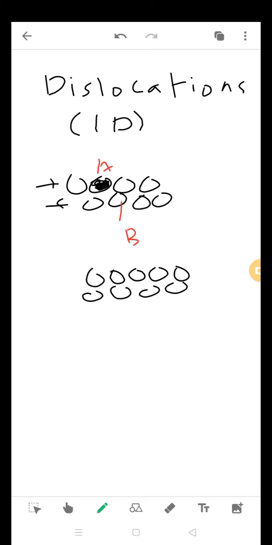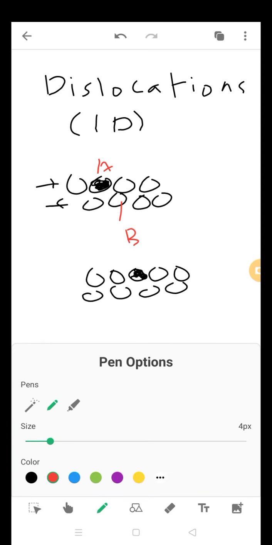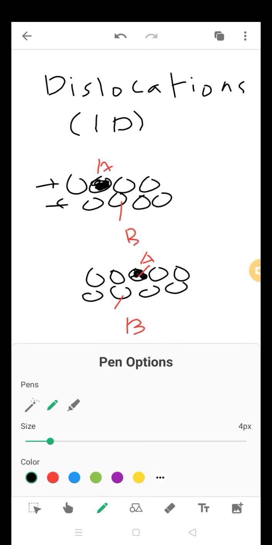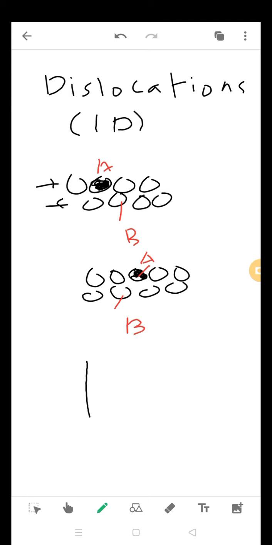A has moved here, so this is your A and this is your B. So these are the changes that are happening. So if we graphically plot this change in energy, it will be something like this.